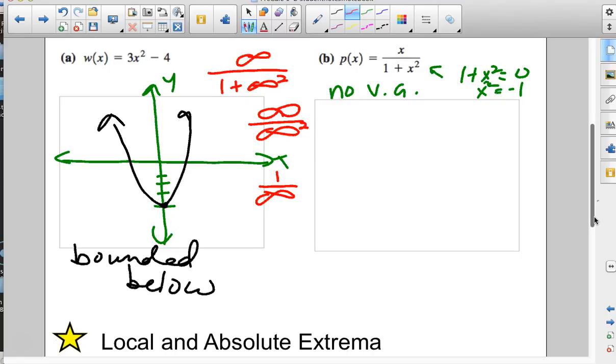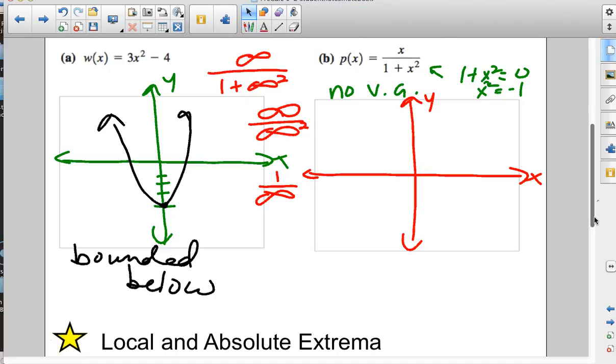It's 0. Because if this keeps going, we're approaching 0. But we have to remember, vertical asymptotes set in stone. Set in stone. Vertical asymptotes we will never cross. Horizontal asymptotes are always a maybe. We don't know until we get it all done.